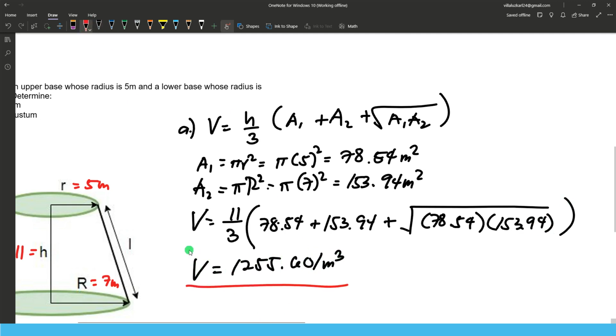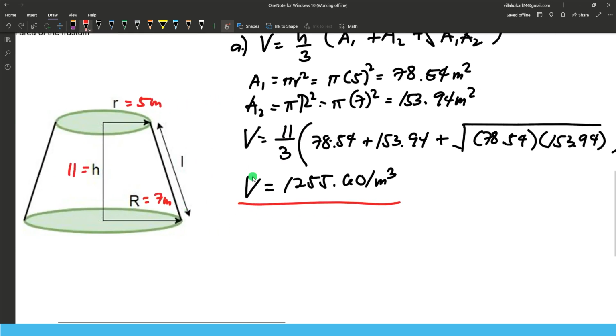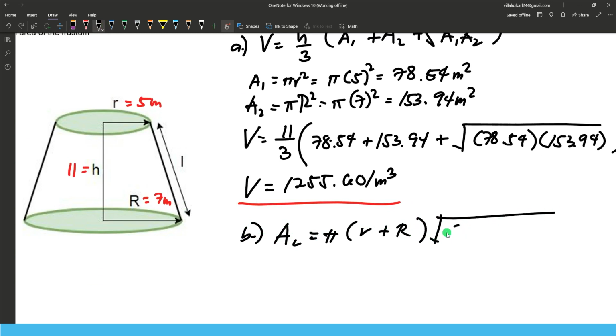Okay, what is the lateral surface area? That's the volume. For B, lateral surface area. So this is the formula: pi times (R plus r) times the square root of (R minus r) squared plus h squared.